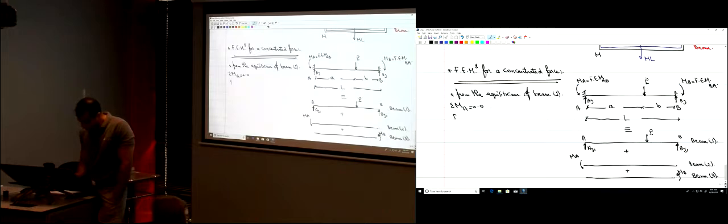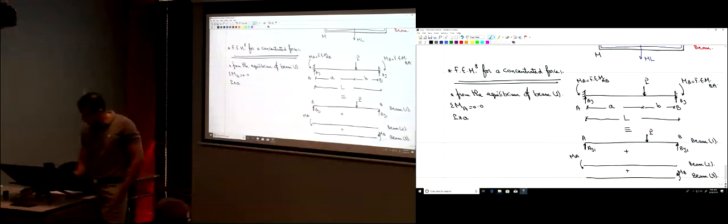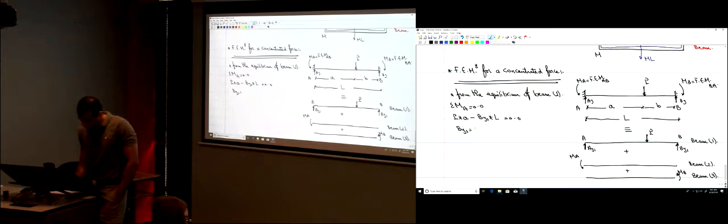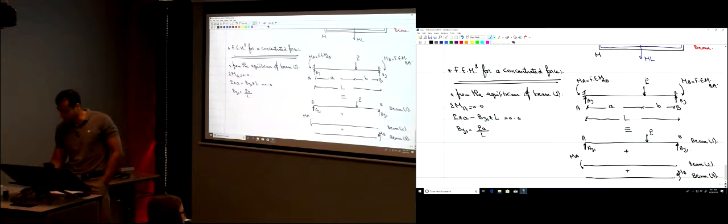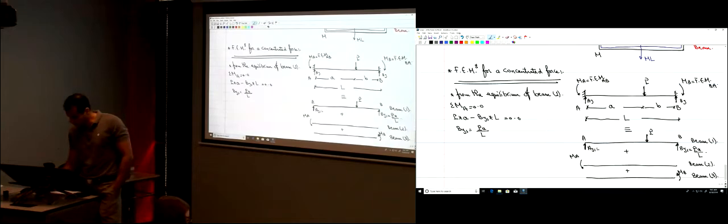So we have P multiplied by its distance to point A, which is A, minus BY1 multiplied by its distance to point A, which is L, equal to 0. That means that BY1 is equal to PA over L. So this force here is PA over L. Similarly, AY1 is going to be PB over L.